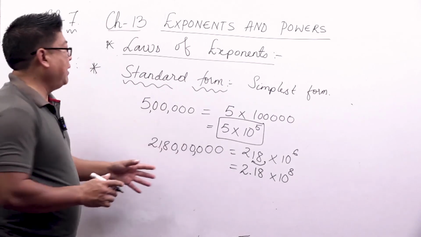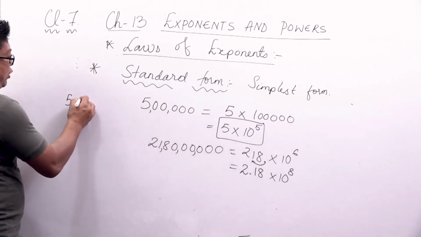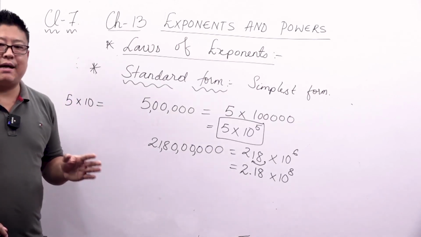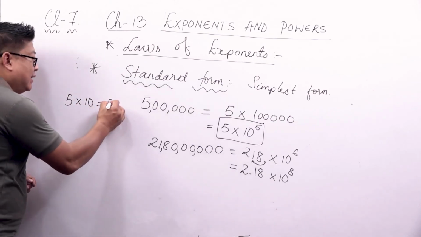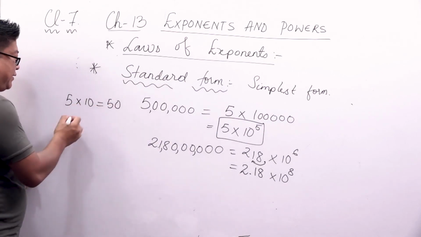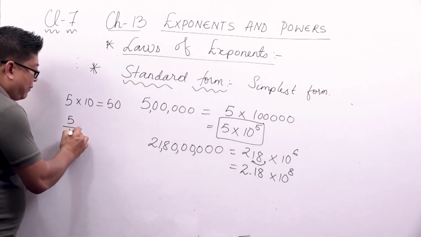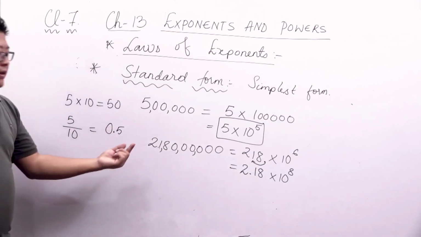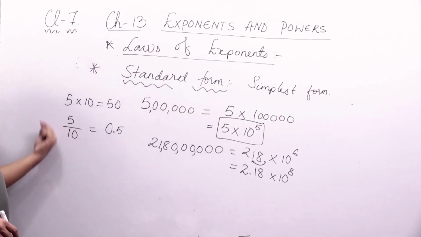I will show you with a simple example. 5 into 10 is 50. When you multiply by 10, you get 50. When you divide by 10, the decimal point is moved to the left.